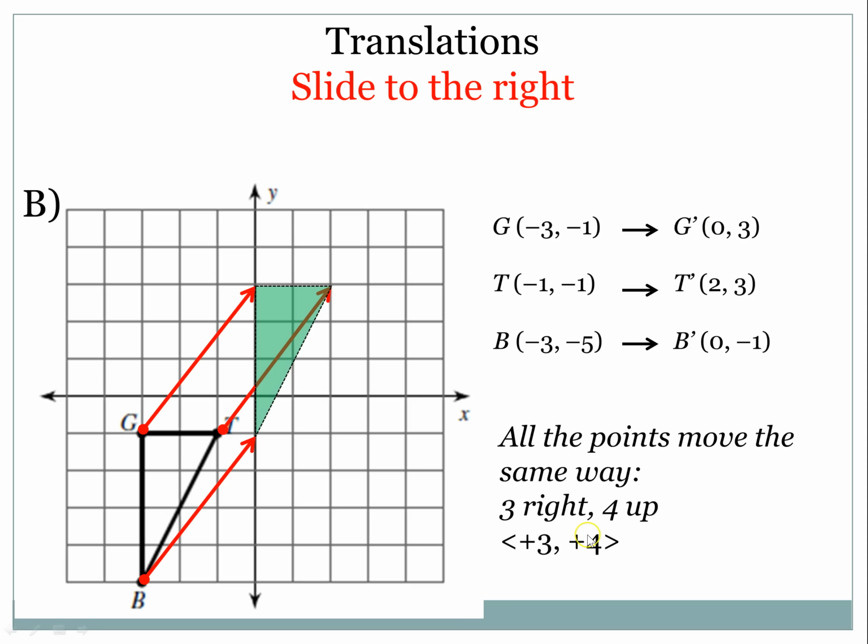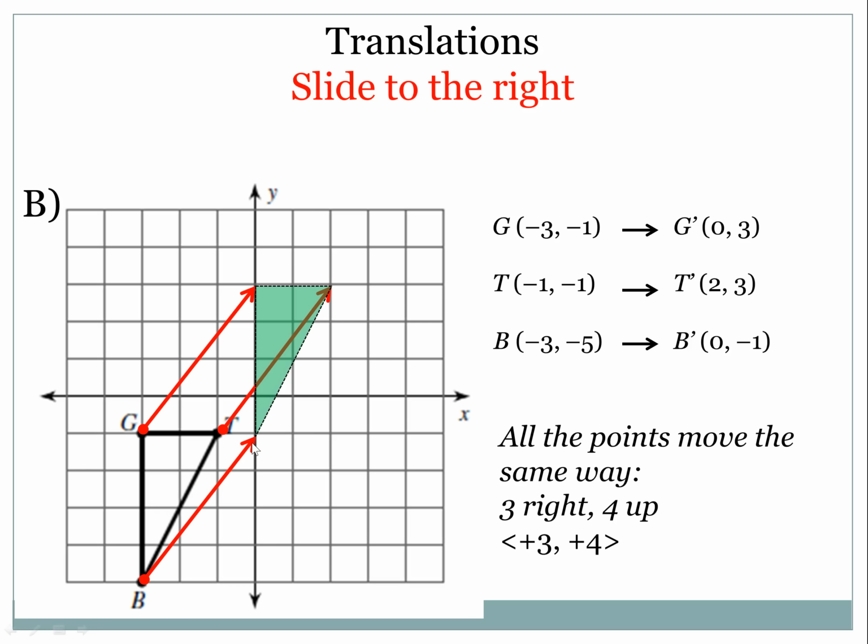And the second number in the vector affects the y coordinate, which is why it has +4, so -1 in G plus 4 gives us +3 in G prime. And you see here we have moved 3 spaces to the right and 4 spaces up. And we've done that for each of the other points, for T and also for B.